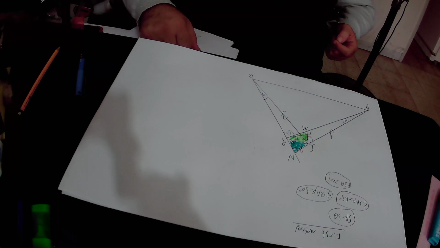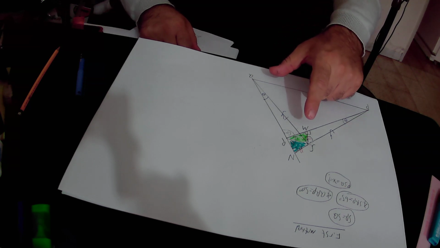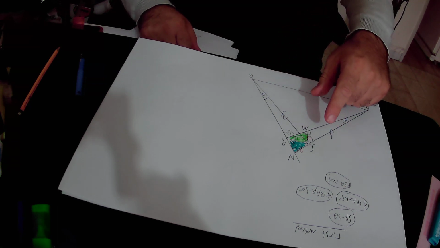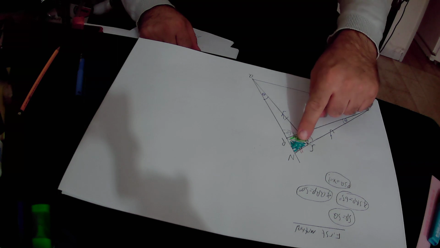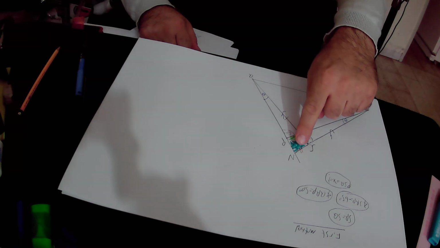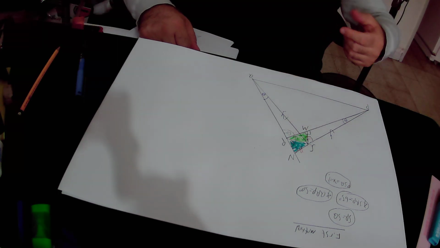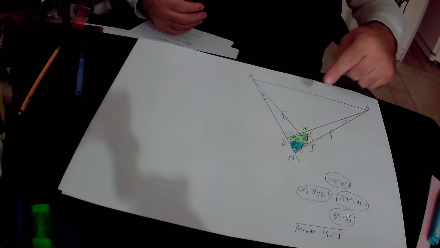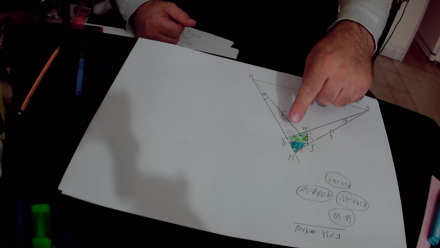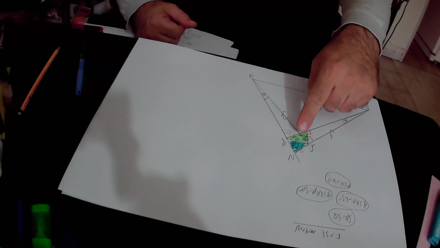Then, after we extended QR by a straight line, we calculated the size of this angle according to the rule that the sum of the angles on a straight line equals 180 degrees. So here we have 50 degrees plus 65 degrees.